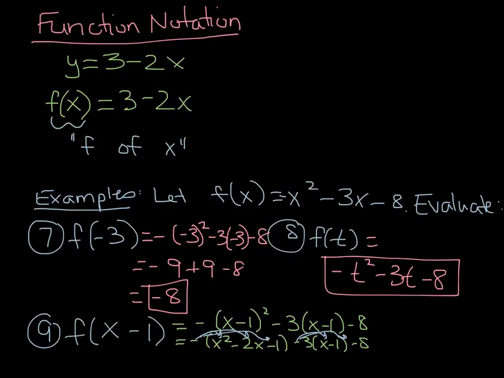So I end up getting negative x squared plus 2x plus 1 minus 3x plus 3 minus 8. So from there, I'm just going to combine all of my like terms. My final answer ends up being negative x squared minus x minus 4.